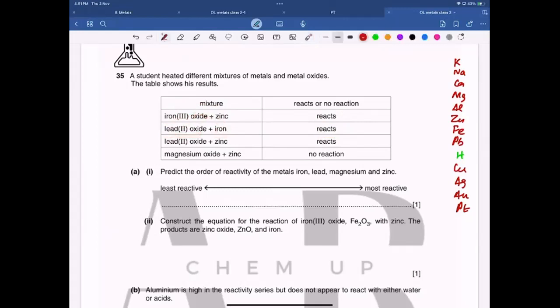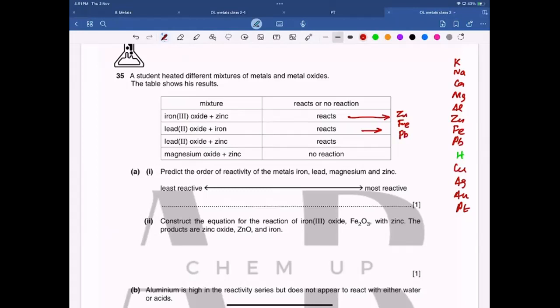So from this, what we have concluded is that zinc is going to be above and iron is going to be lower in reactivity. Here, iron is displacing lead, so it means lead must be lower in reactivity.